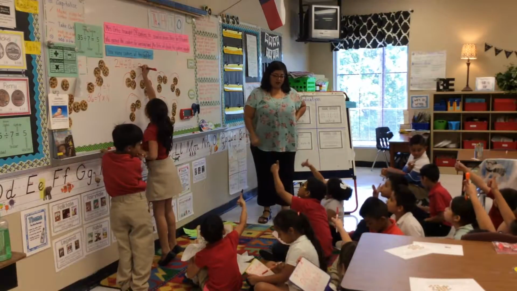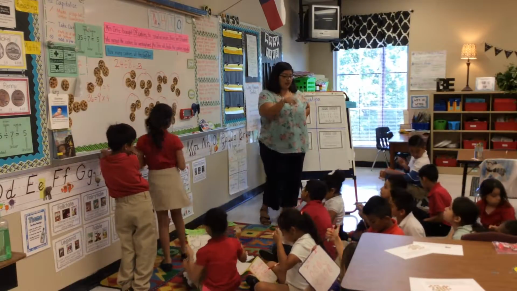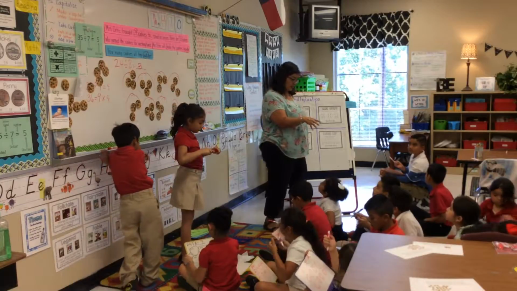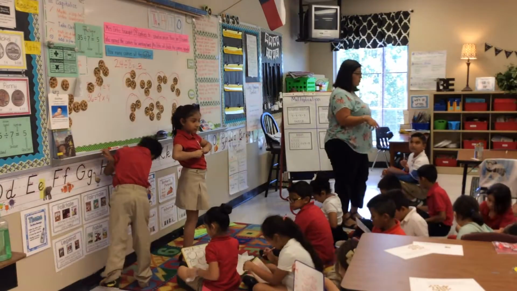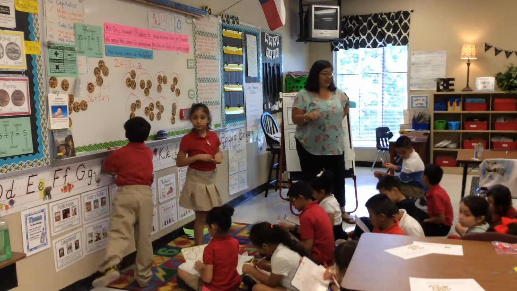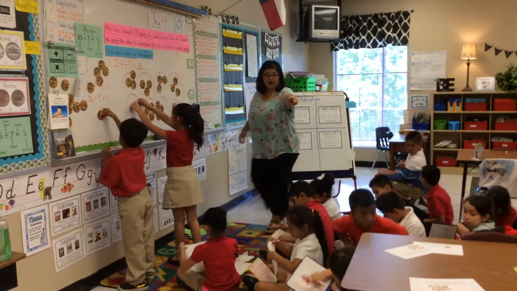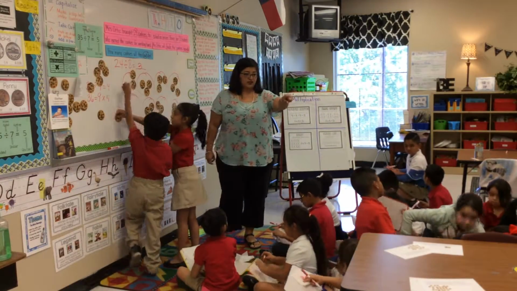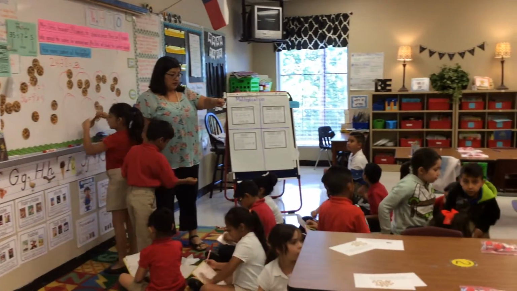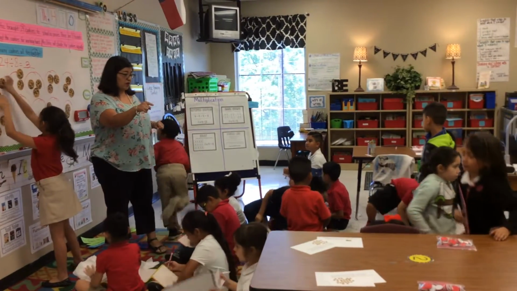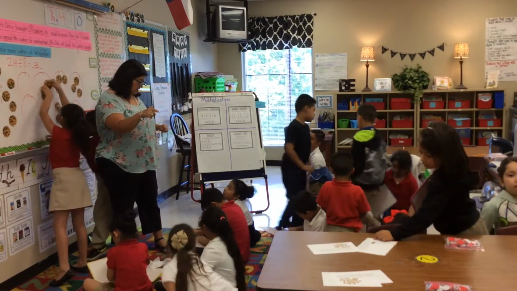Very good. Okay, so now what I'm noticing is you got the hang of this, right? So what I'm going to have you do is go back to your desk, and at your desk, you're going to try the problems that are there. You have counters to use if necessary, and there's also pictures to help guide you if necessary as well. Okay?